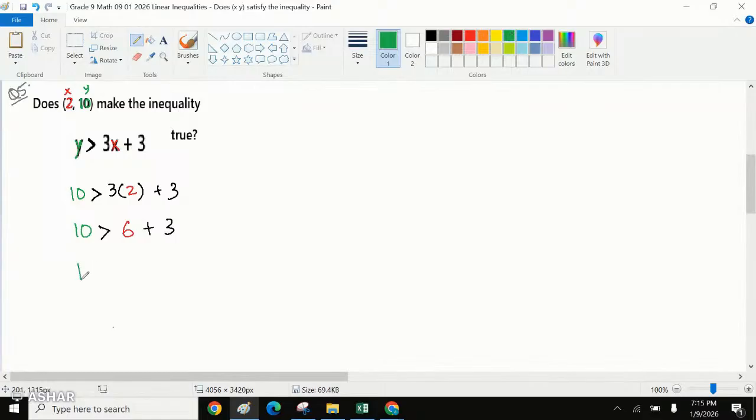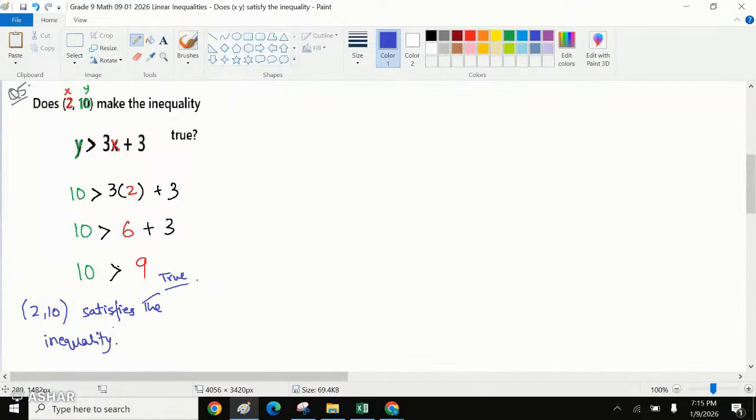That means 10 is greater than 9. Agreed? And this is true, right? So the coordinate 2 comma 10 satisfies the given inequality.